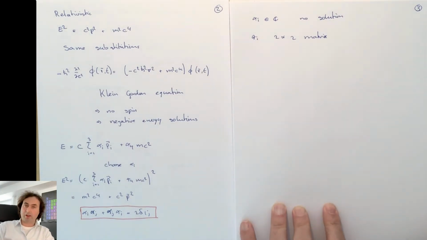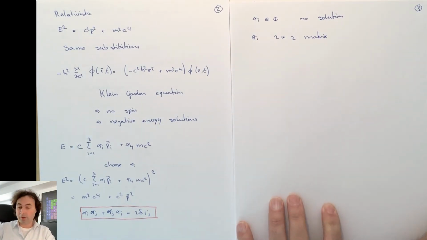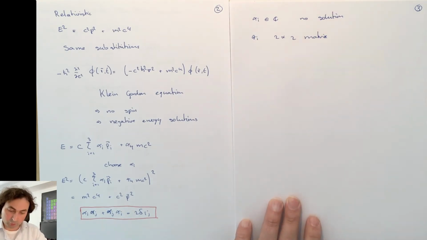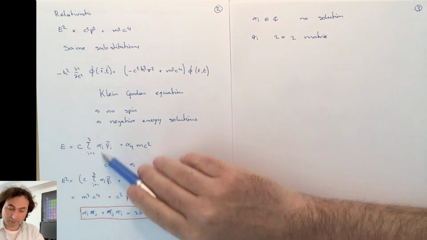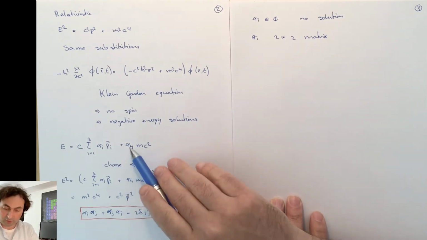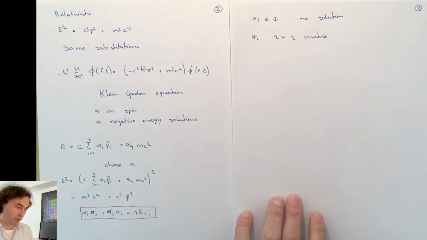And Dirac's first idea was to make alpha i a 2 by 2 complex matrix. If alpha i is a 2 by 2 complex matrix, then our wave function should be a vector of length 2.